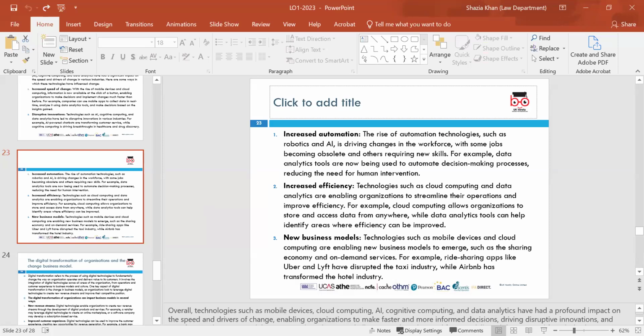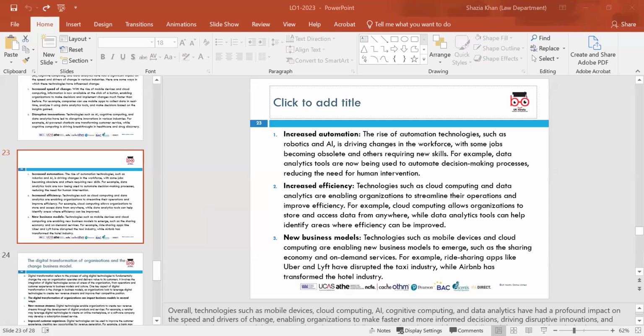Increased efficiency. Technologies such as cloud computing and analytics are enabling organizations to streamline and improve. So there are advantages and disadvantages of both of these. It's not just an advantage; it also improves accuracy in data analysis and things.